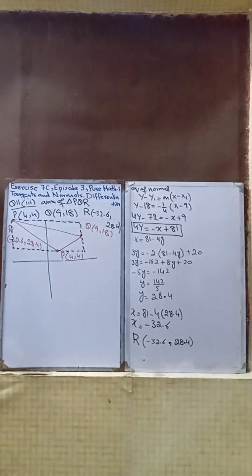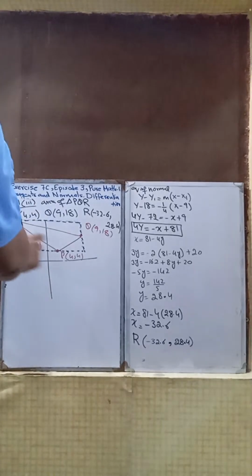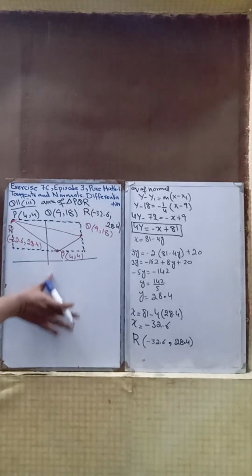So what I will do, can you see this now? I will find out the area of this rectangle. From the area of this rectangle, I will subtract these 3 right angle triangles. Okay. So first of all, I'm going to find out the area of this rectangle.